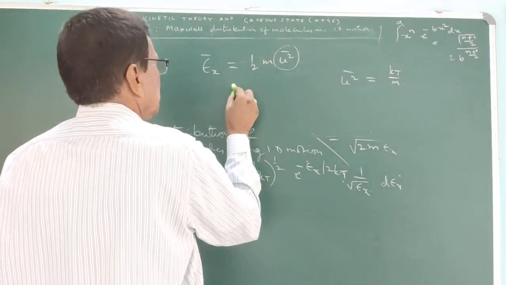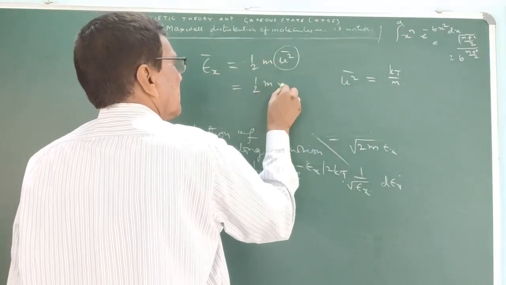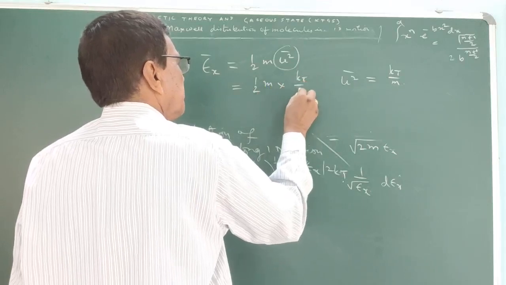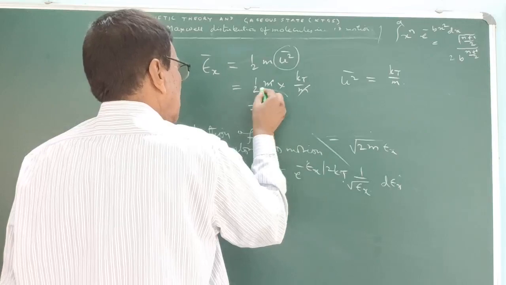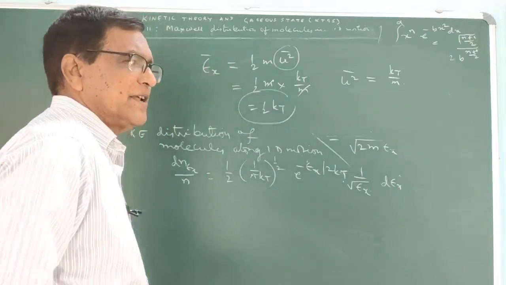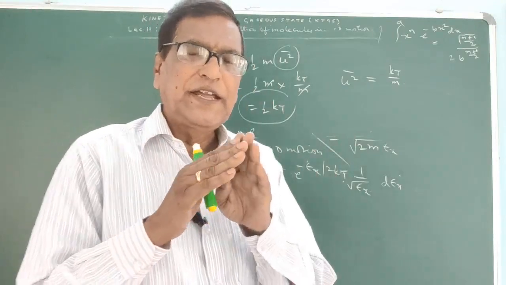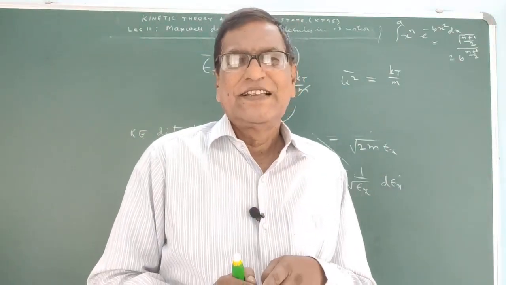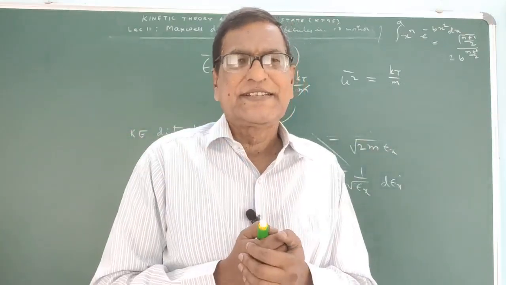So putting this value, half m into kT by m, the m cancels, so it is half kT. So in a particular direction, average kinetic energy is equal to half kT along the x-axis. Similarly, half kT along the y-axis, half kT along the z-axis.